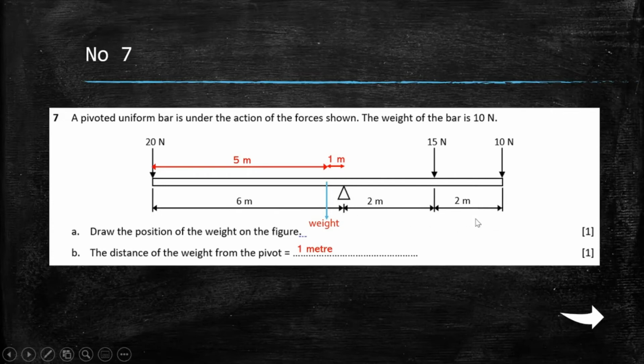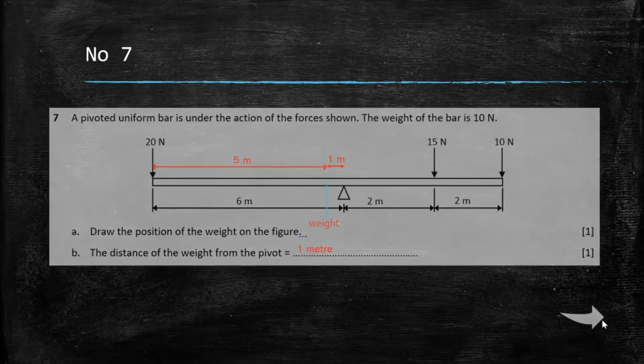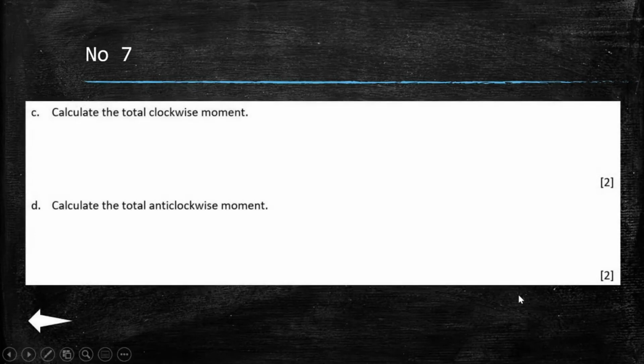So the distance for the 10 Newton force is 4 meters, not 2 meters. So the answer for number 7c is 15 times 2 plus 10 times 4, equal to 30 plus 40. This equals 70 Newton meter.